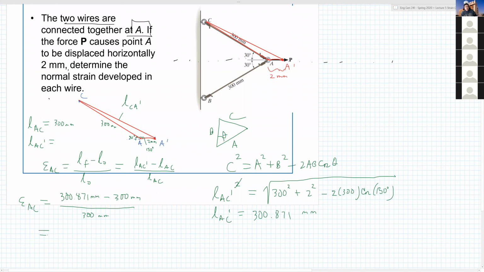Because the cable is going to get longer. So then, thank you, Frank, for confirming. What do you get here? What is the strain in 3 sig figs? 2.70 times 10 to the minus 3 millimeters over millimeters.